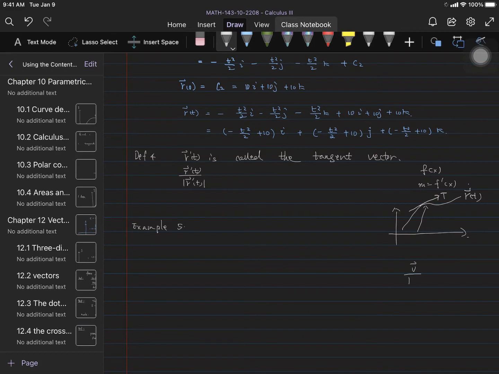Do you still remember? If we divide the v vector by its length, this will be the direction vector, which is a unit vector. So here, this is called the unit tangent vector.